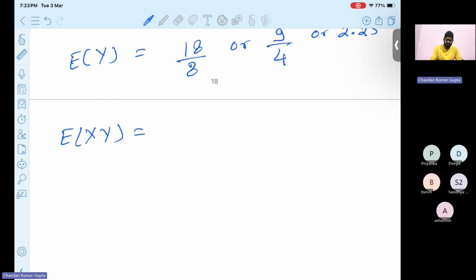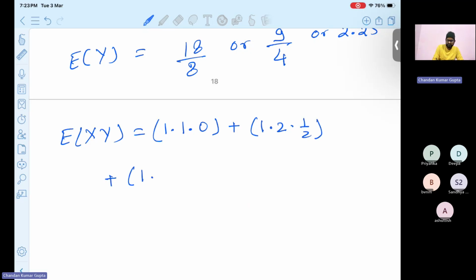I'm writing. x is equal to 1 into y equal to 1, the probability at x equal to 1, y equal to 1 is 0, plus x equal to 1, y equal to 2, the probability is 1 by 2.